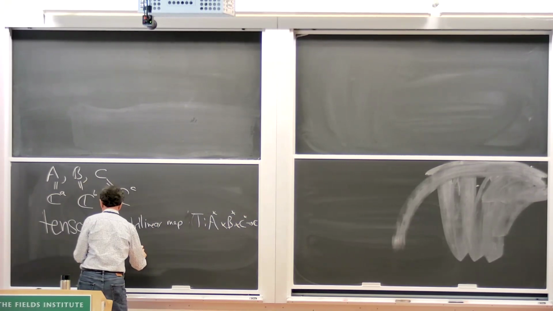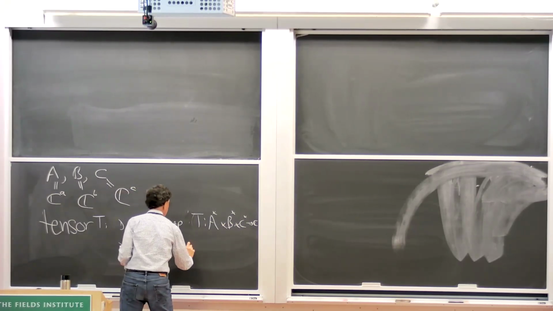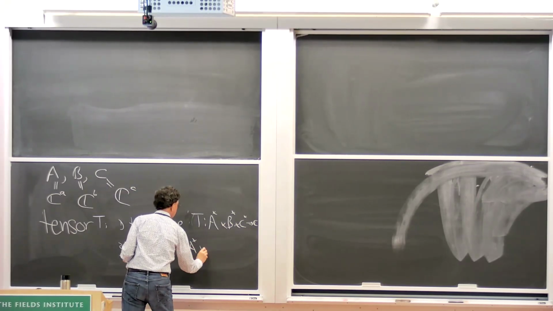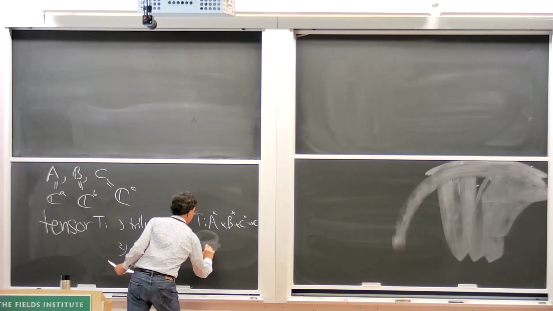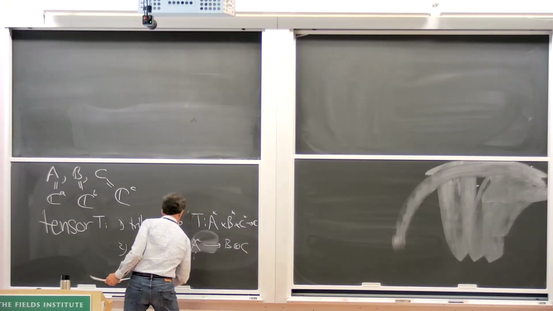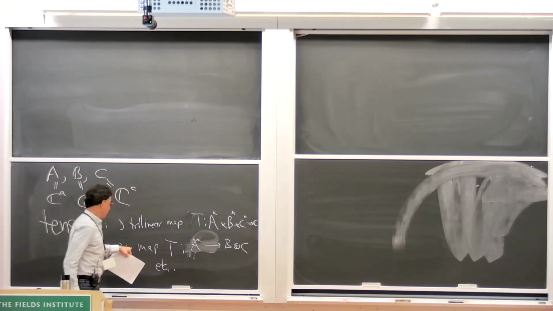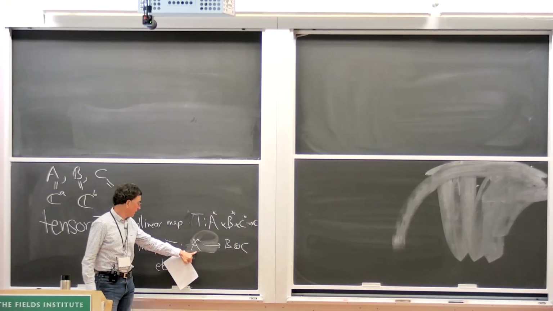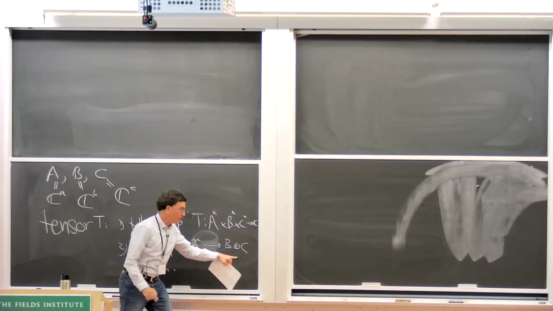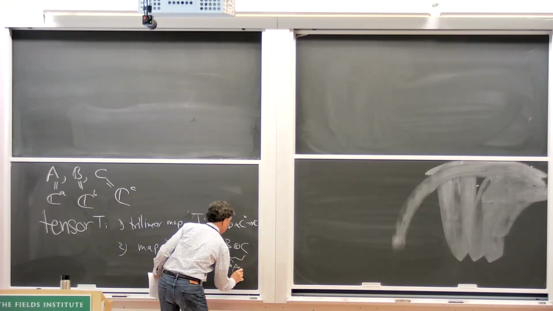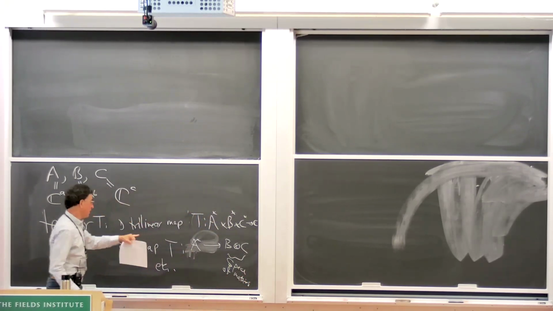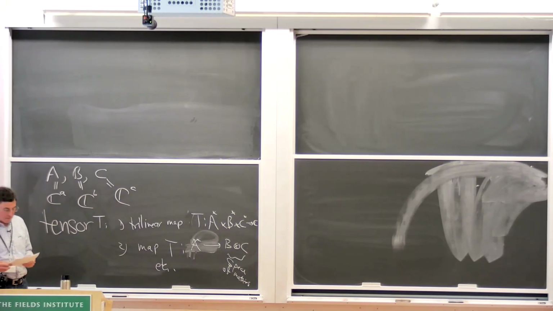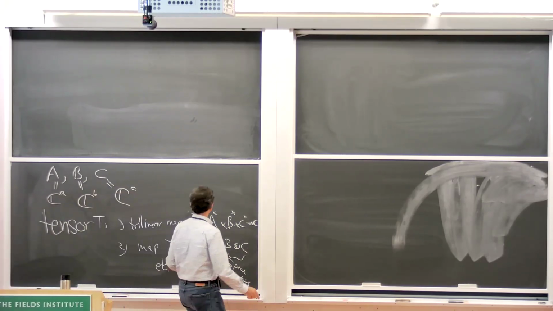This could also be seen as a map T, let's say from A star to B tensor C, etc. This point of view is particularly interesting because this is a space of matrices, and so you can think of a tensor as a family of matrices.